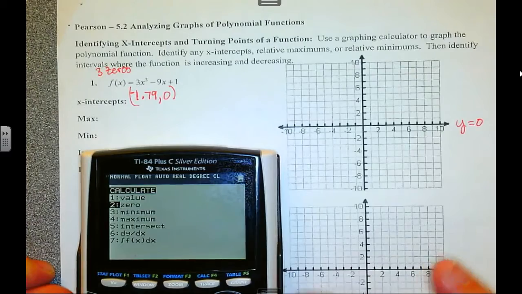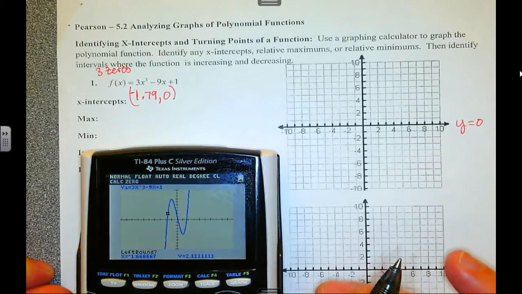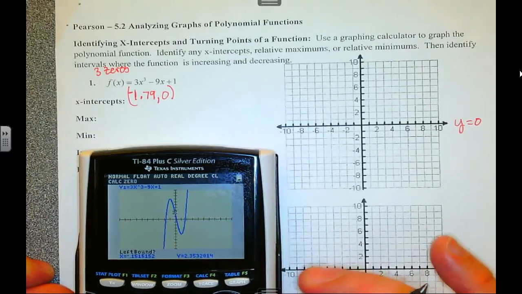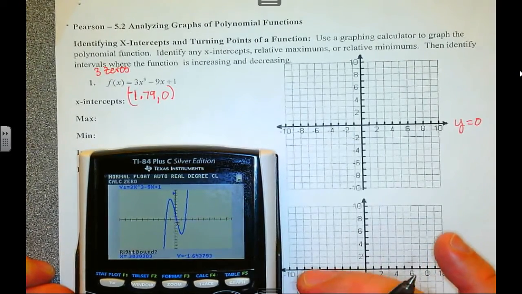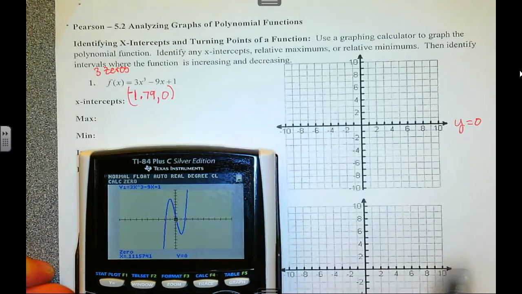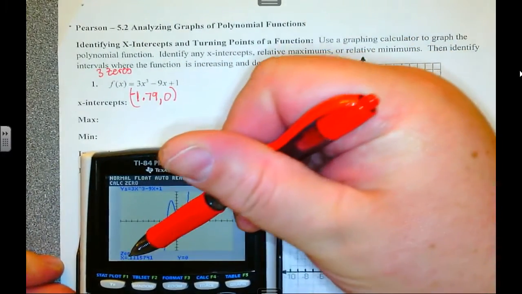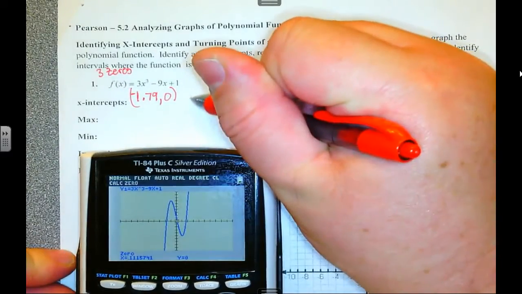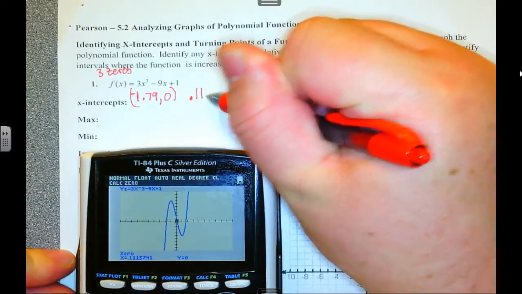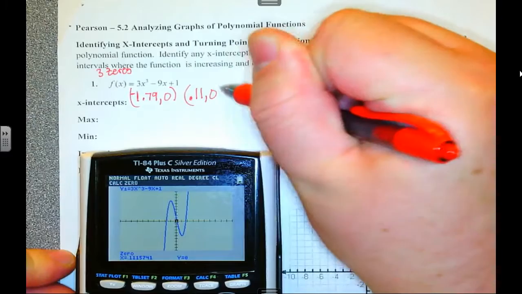Second trace, 0. Left bound, hit enter. Right bound, enter. Enter again. My second 0 is going to be 0.11, comma 0.